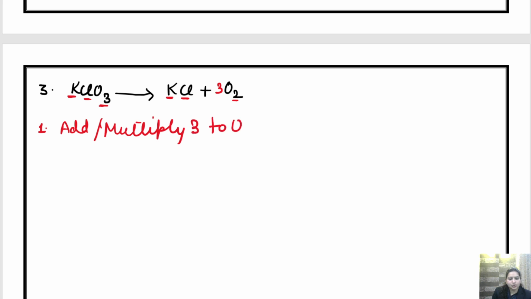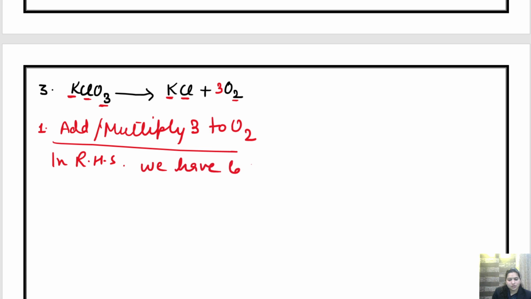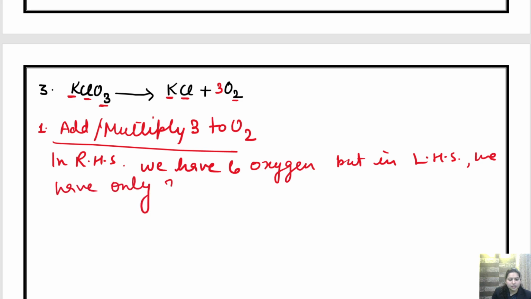3 to oxygen. अब क्या हुआ कि अगर हमने यहाँ पे 3 ऐड कर दिया तो ये ऑक्सीजन यहाँ पे कितना हो गया? It is 6. सो वी विल राइट दैट इन RHS we have 6 oxygen, but in LHS we have only 3 oxygen.